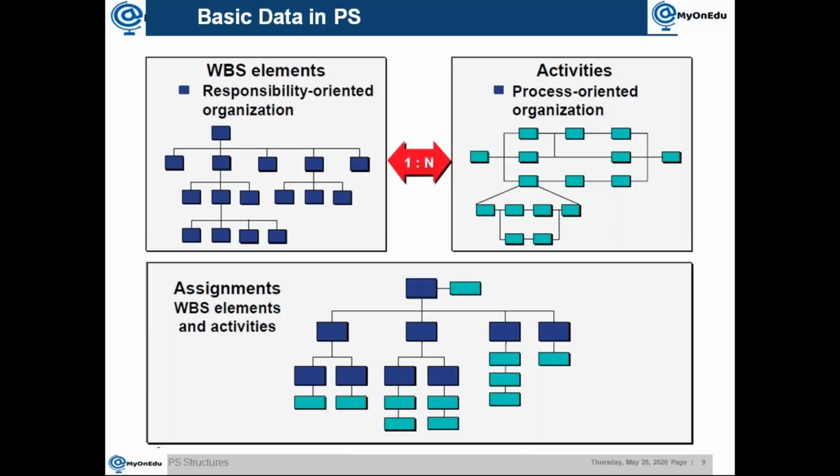So the basic data are WBS elements and activities. This is the basic WBS element and activities from an SAP perspective. And the relationship shown is 1:n. One WBS element can have multiple activities assigned to it. Just keep this in your mind. We will come to it later in detail.